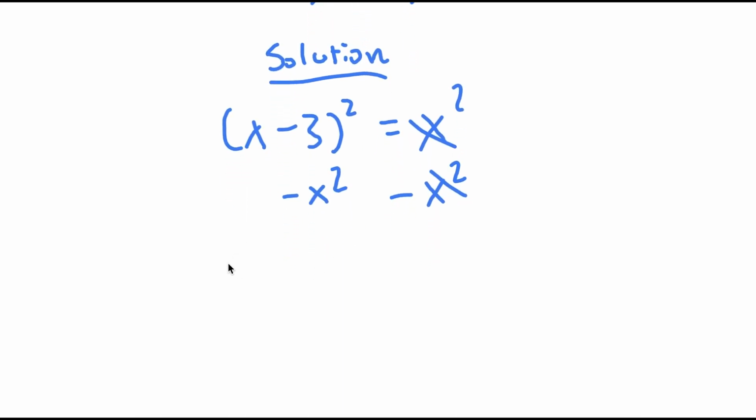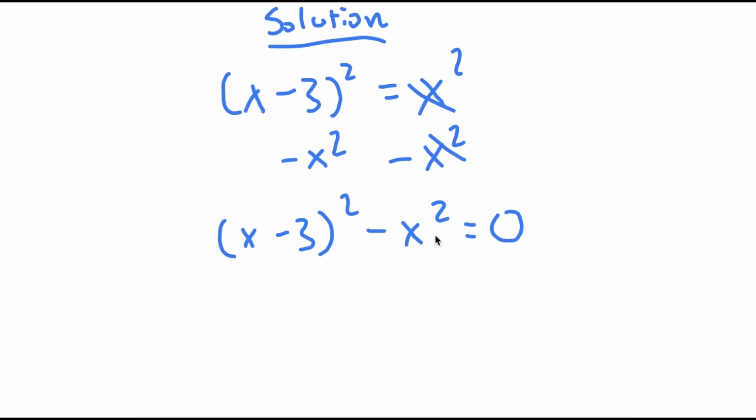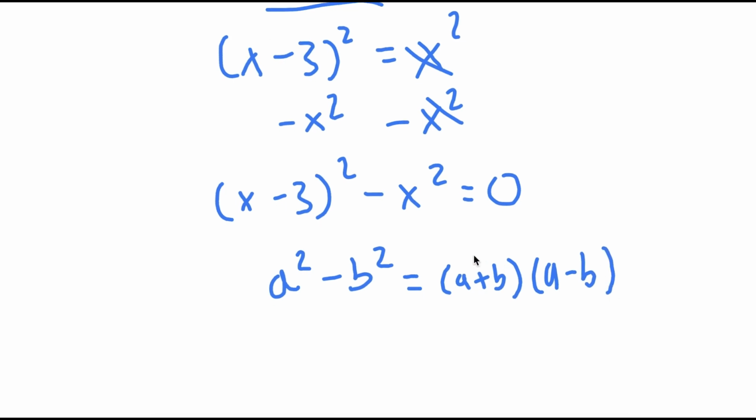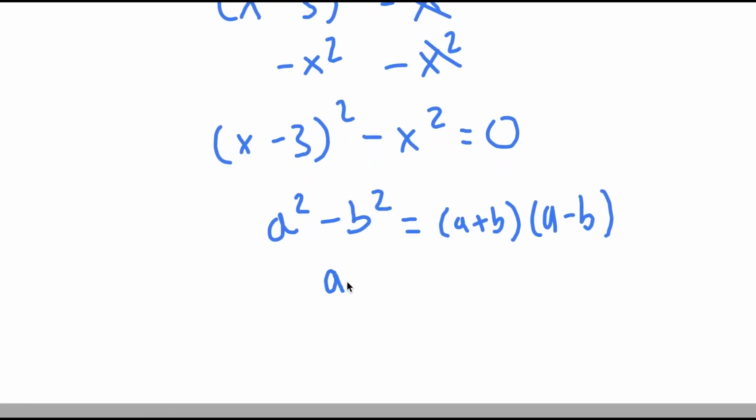So now I have x minus 3 squared minus x squared is equal to 0. Now, if I have something in the form a squared minus b squared, this is equal to a plus b times a minus b. So in this case, a is x minus 3 and b is x.